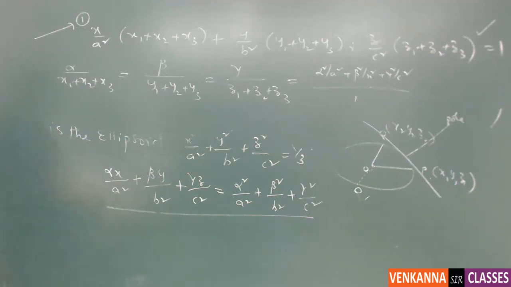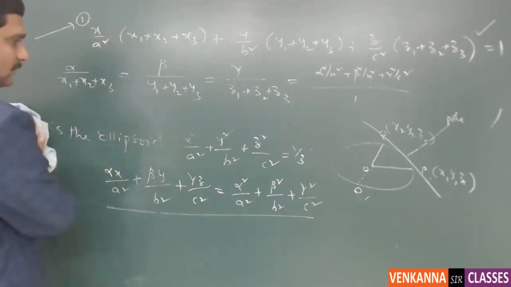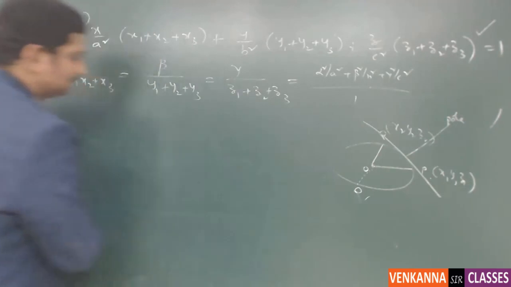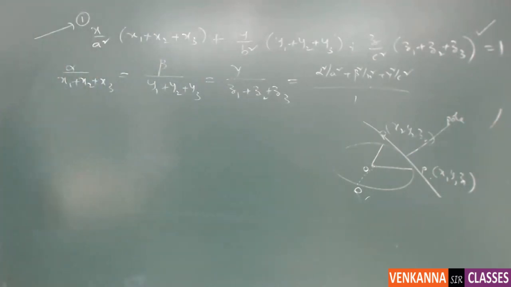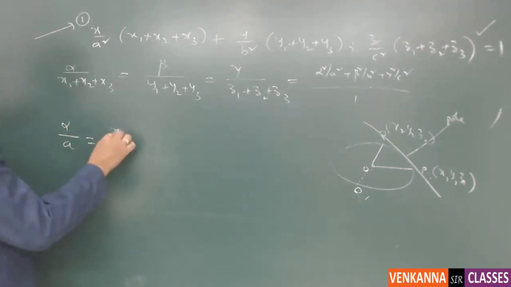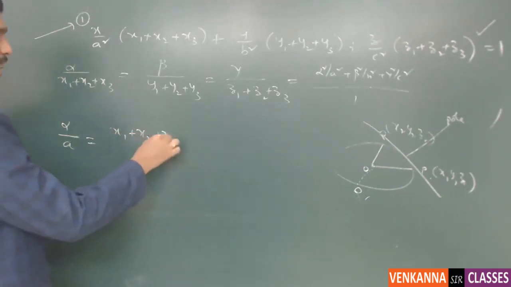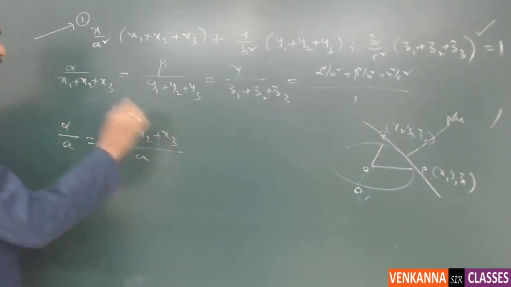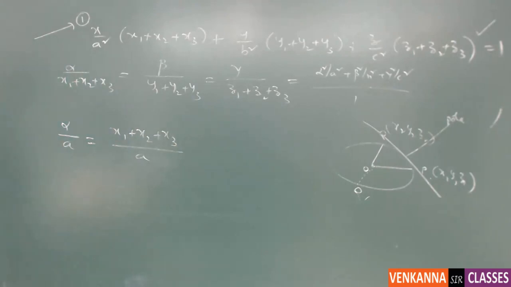So if you compare the respective coefficients there, you are going to get the values as: alpha by A is equal to x1 plus x2 plus x3 by A into the value.